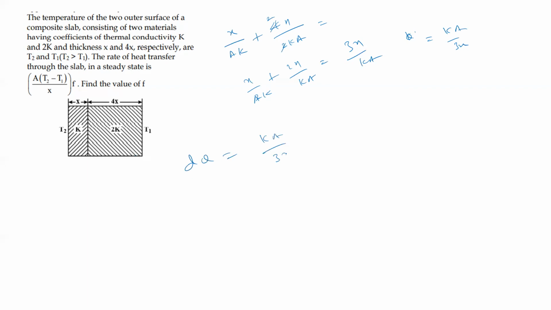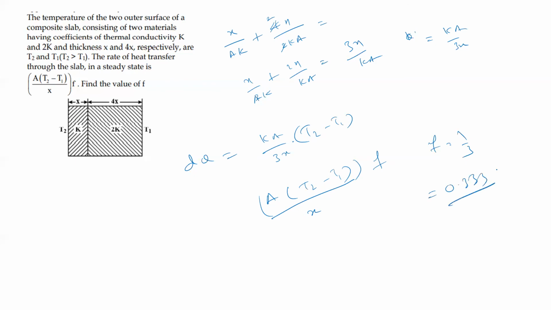KA by 3x into T2 minus T1. So what is given? A into T2 minus T1 by x is given, into f. They are asking the f value. So f is nothing but 1 by 3. 1 by 3 means 0.333.